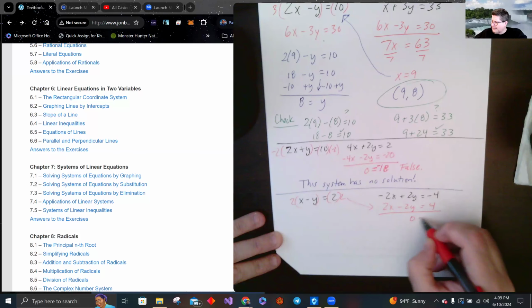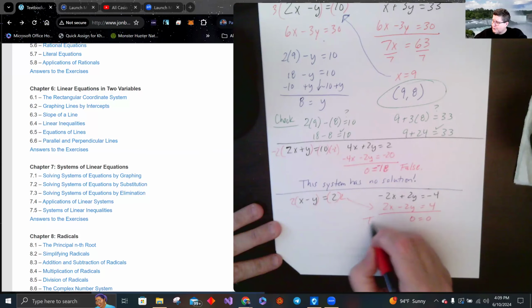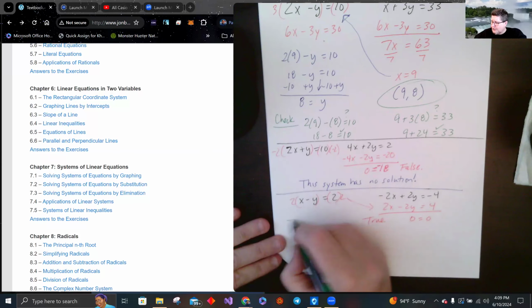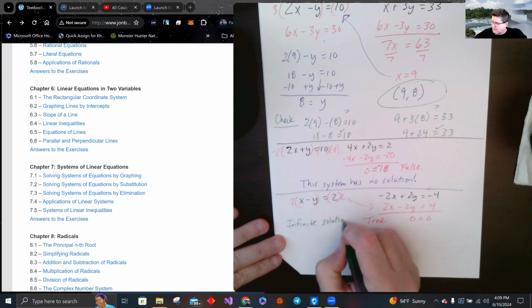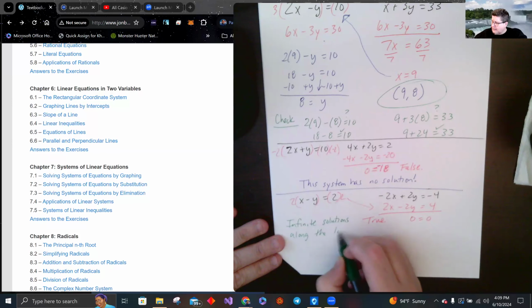When I add them up, I get 0 equals 0 on both sides. 0 equals 0. This is true. So there's infinite solutions along the line x minus y equals 2.